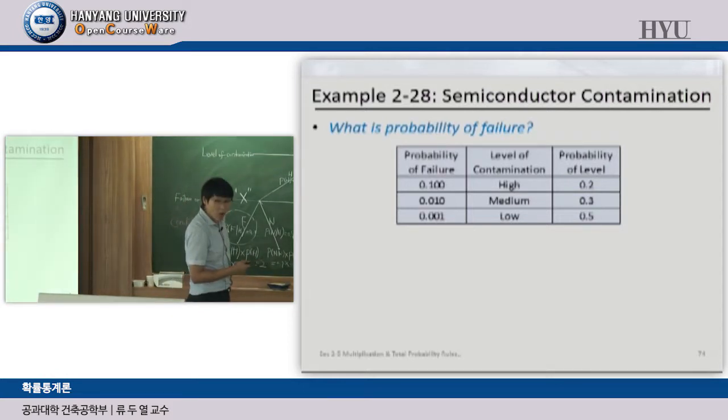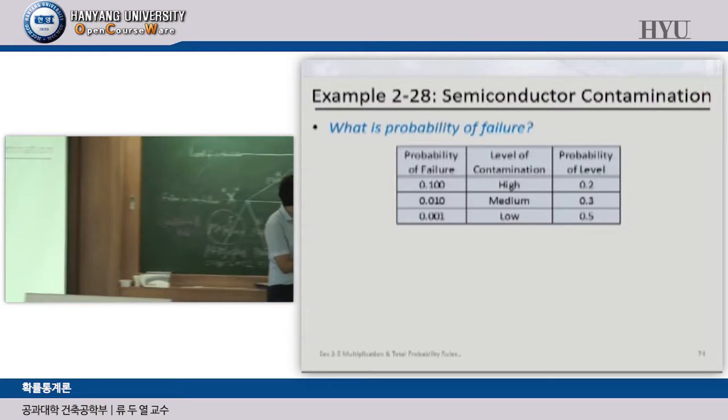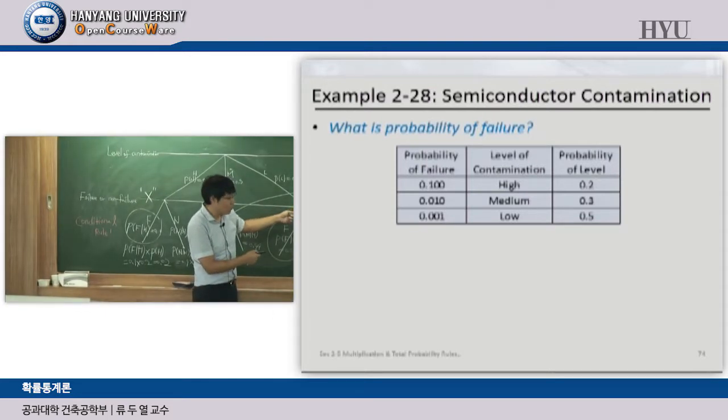So the probability of failure will be the summation of 0.02, 0.003, and 0.0005.